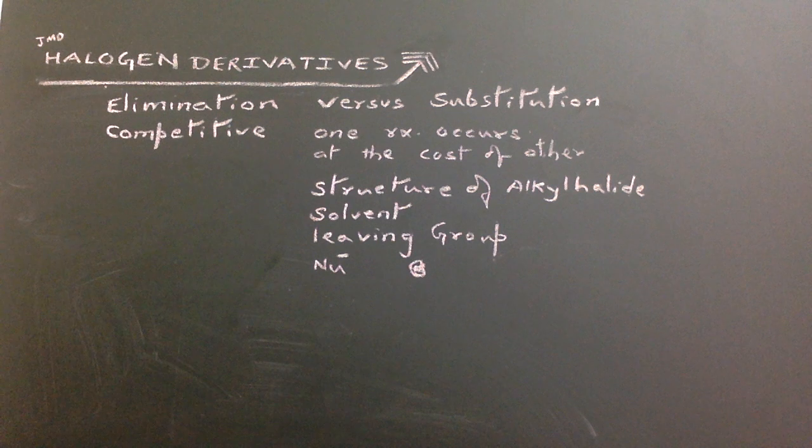If the reactant is a primary alkyl halide, then it would undergo E2 or SN2 reaction. But if the substrate is a secondary or a tertiary alkyl halide, then it will undergo E1 or SN1 reaction. Or it may also undergo E2 or SN2 depending on other conditions of solvents.